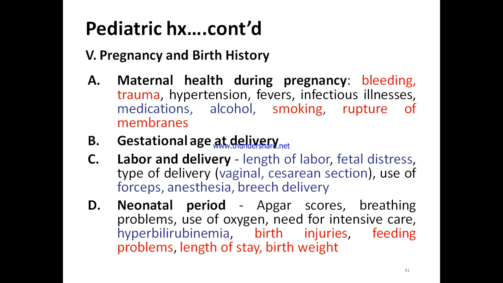The normal birth weight of newborns is from 2800 grams up to 4000 grams. A weight of less than 1000 grams is extremely low birth weight; 1000 up to 1500 grams is very low birth weight; and 1501 up to 2500 is low birth weight.